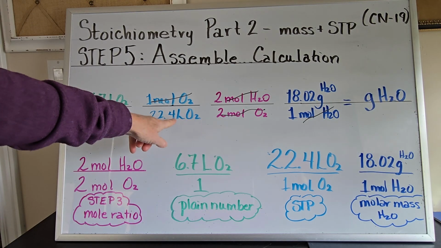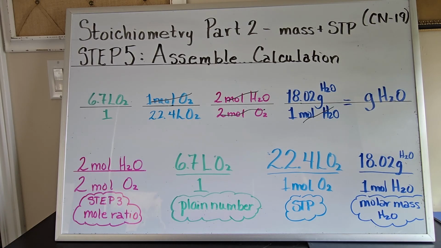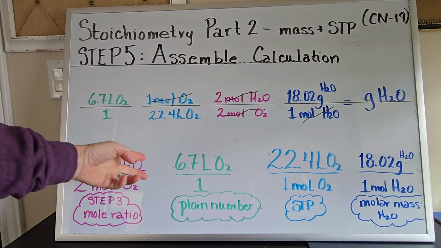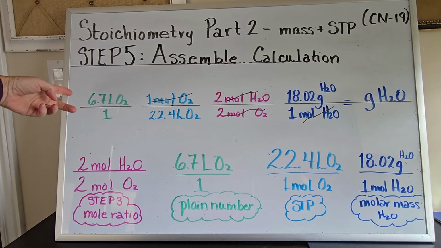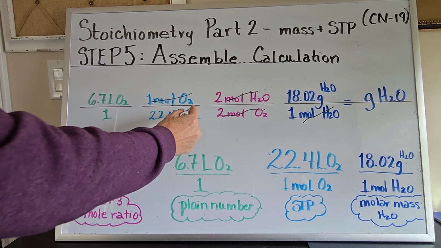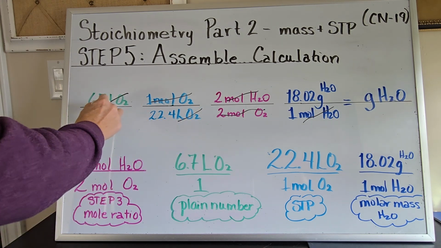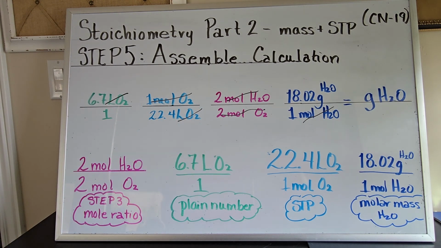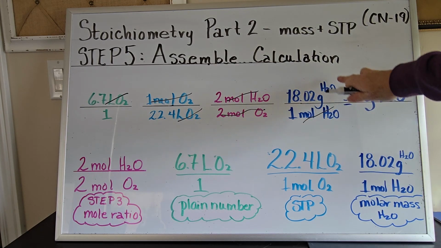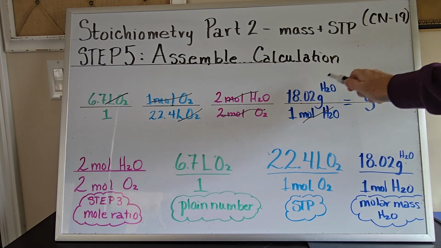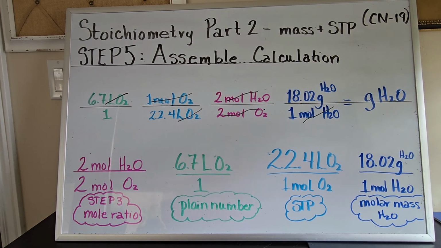I need to get rid of it, so I'm going to use my plain number written the way it is, because liters of O2 are on the top, and that will cancel with my liters of O2 on the bottom. Once I've done all my cancellations, I see all my unit factors on the left-hand side, grams of H2O, are the same as my answer, grams of H2O.